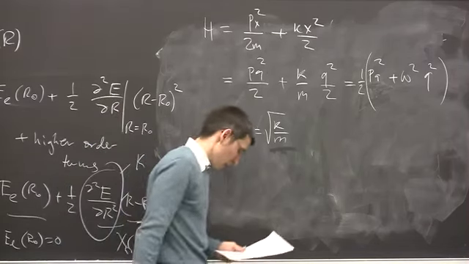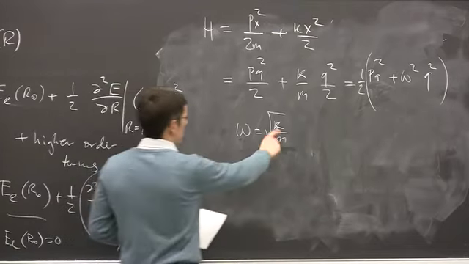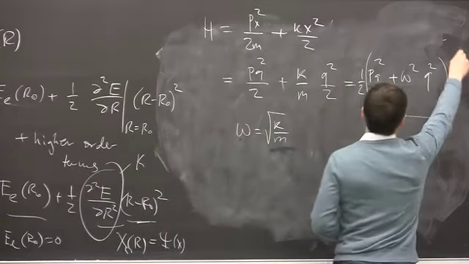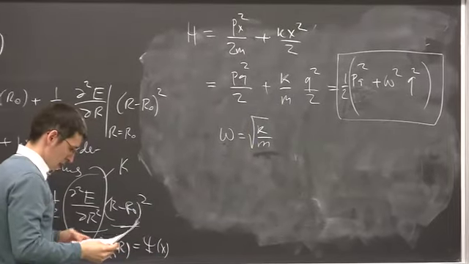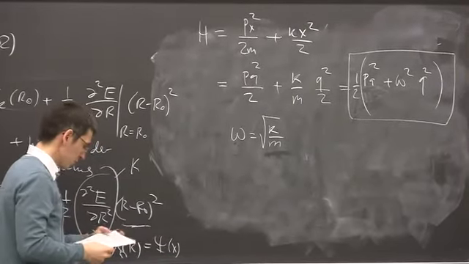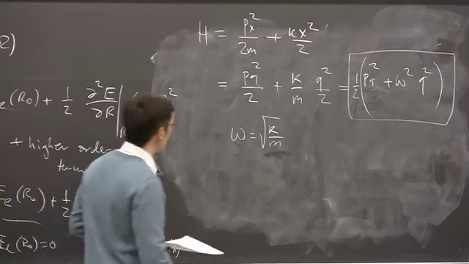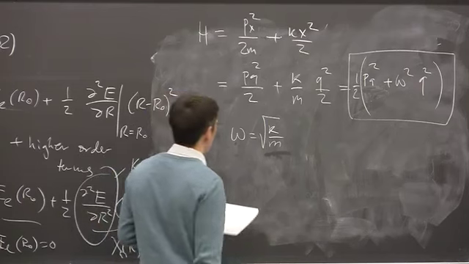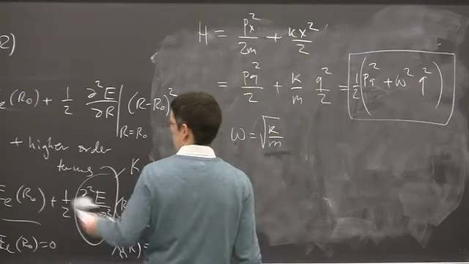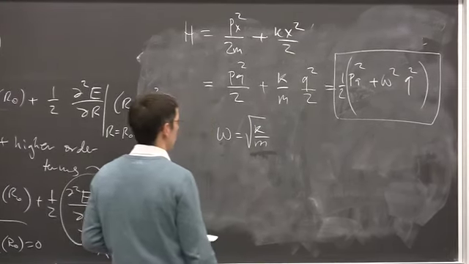Okay. Now, this is a frequency. This is now our Hamiltonian. Okay. And now it's time to introduce our lowering and raising operators, which will help us to solve the time-independent Schrödinger equation with this Hamiltonian.